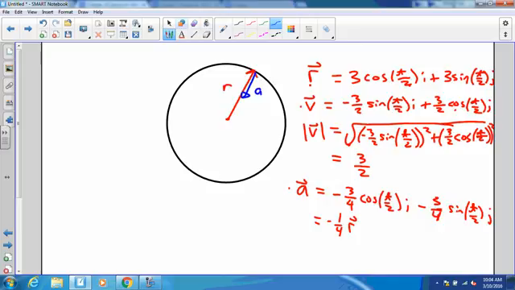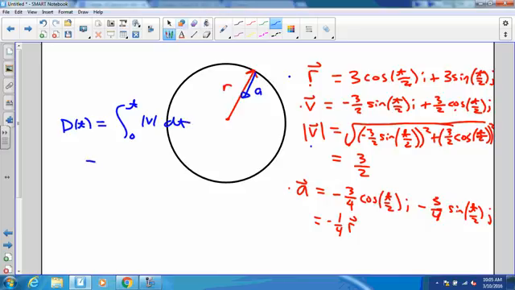For constant circular motion, the position and the acceleration vectors are going to be in opposite directions. So that the acceleration is a special kind of acceleration that we call center-seeking or centripetal acceleration. And this came about because we began with a position function that represented motion around the circle with a constant speed. Let's say a little bit more here, and then the bell is going to ring.